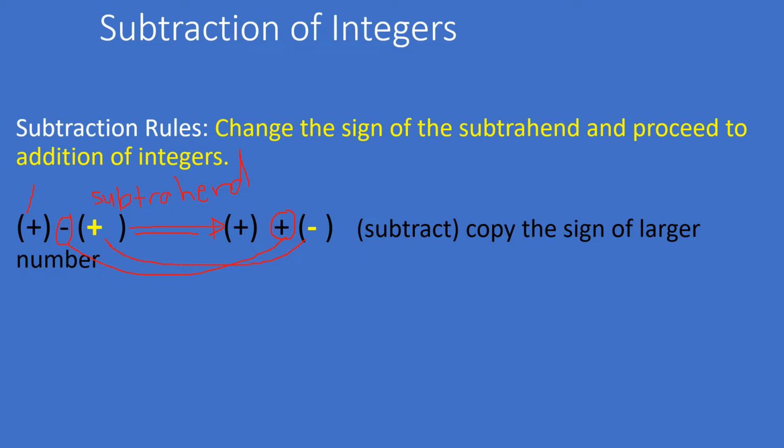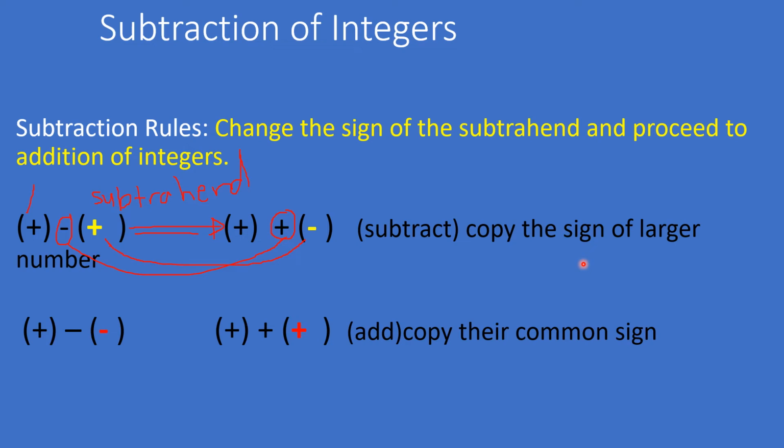Proceed to addition. So now follow the rules in adding integers. So if you are adding now positive plus negative, you need to subtract their absolute value and copy the sign of the larger number. Okay? So that's the only rule there.